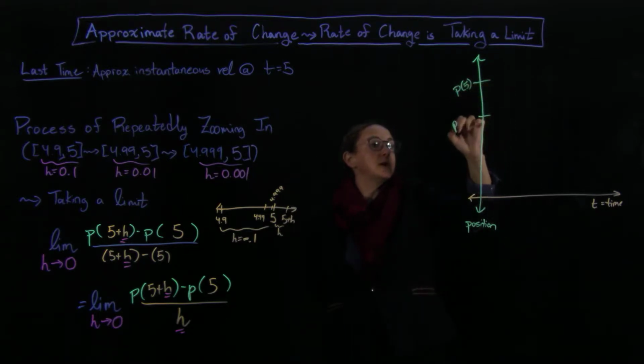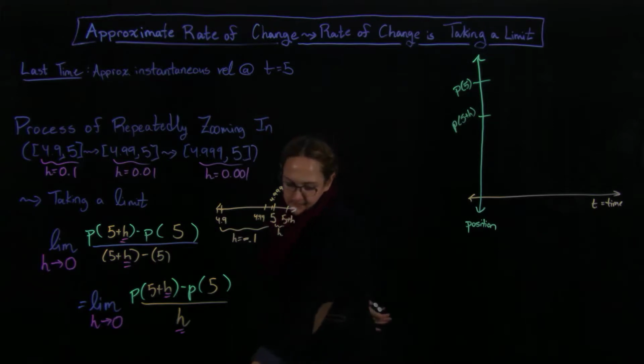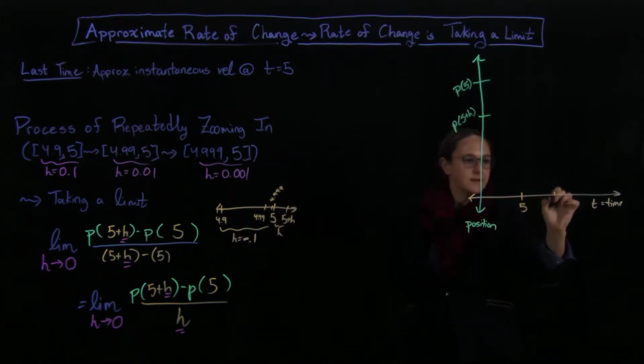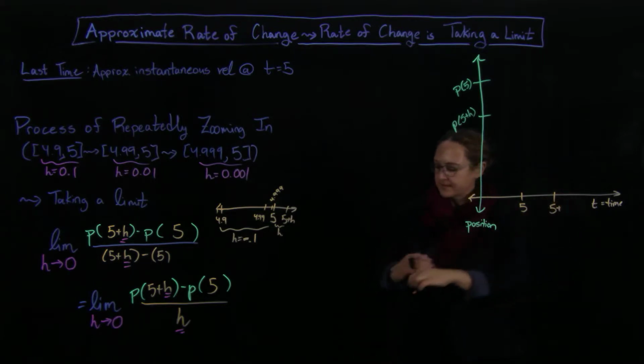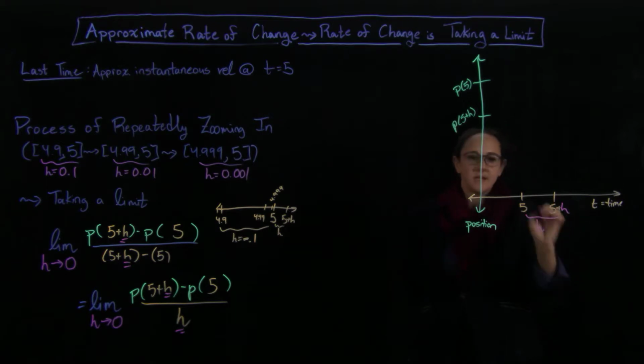Who knows, maybe my p of 5 plus h is actually lower. Then on the time axis I have my 5, and then I have my 5 plus h. So this length here is h.